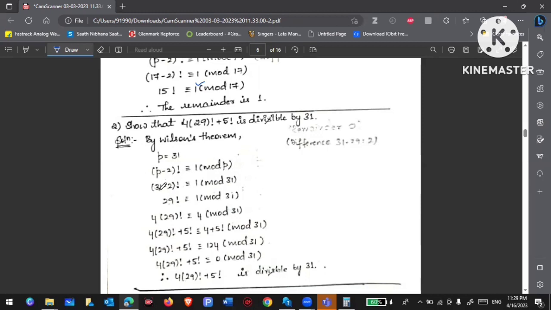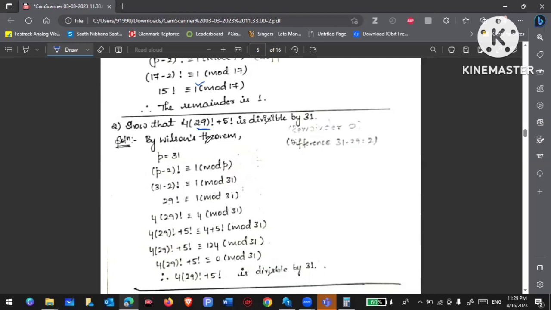We will substitute: (31 minus 2) factorial congruent to 1 mod 31. We'll get 29 factorial congruent to 1 mod 31. Next, we want a multiple of 4, so 4 of 29 factorial is congruent to 4 into 1, which is 4, mod 31.